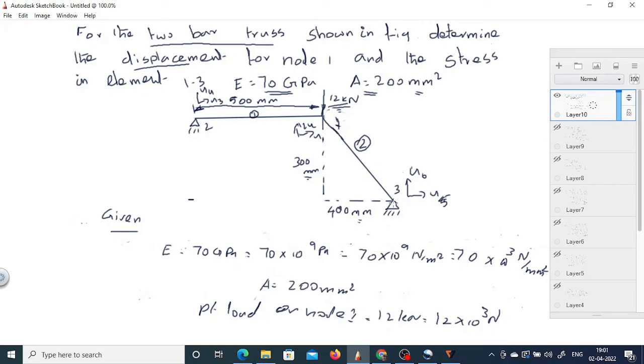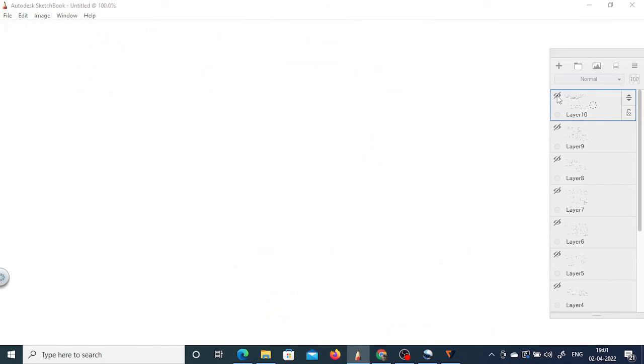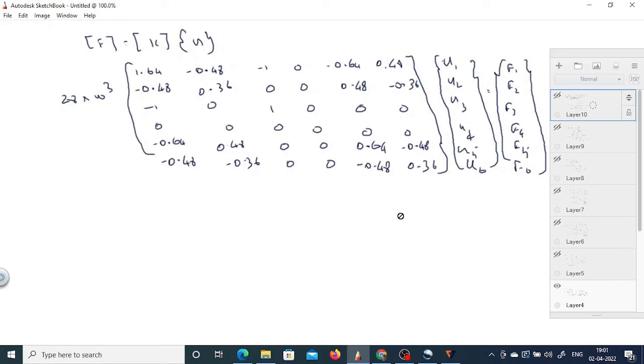Yes, nodes 3 and 2 are fixed, so u3, u4, u5 and u6 are 0.